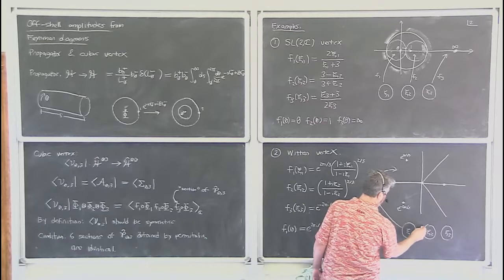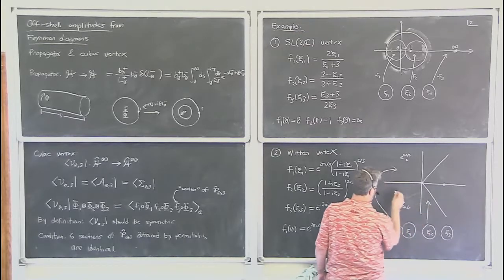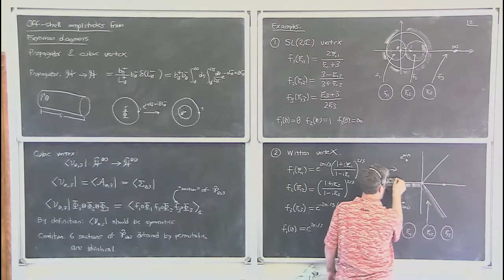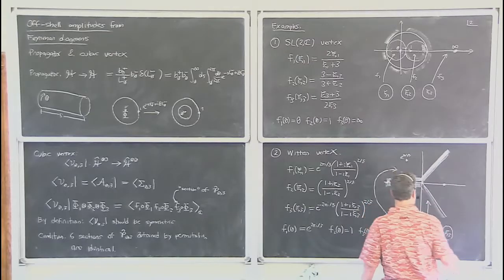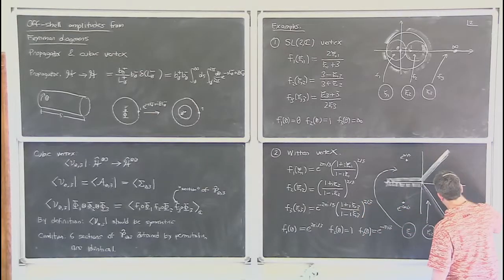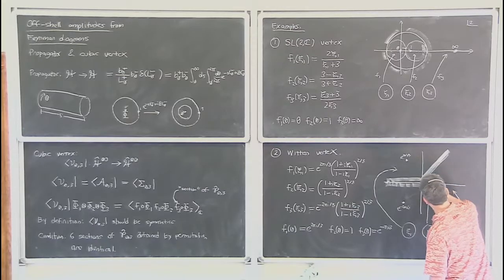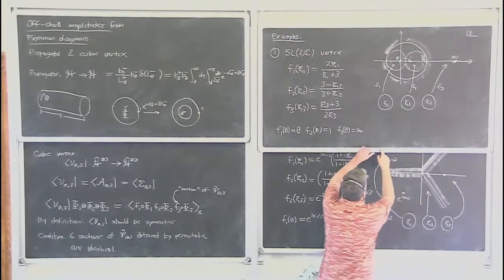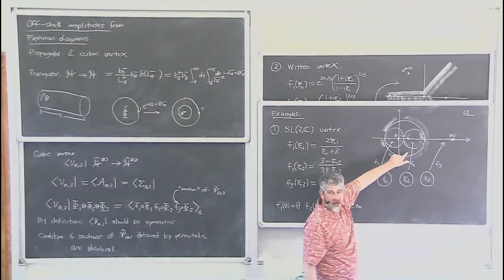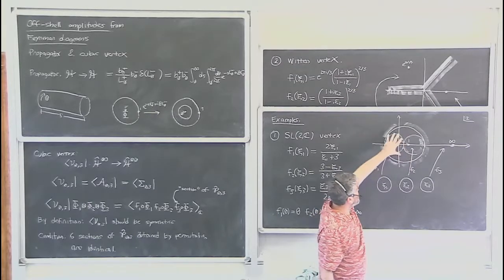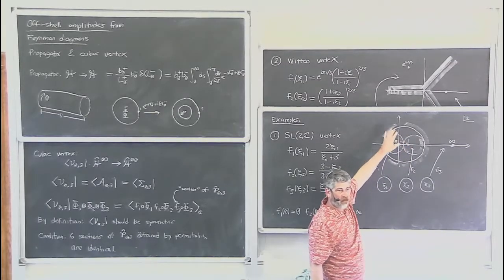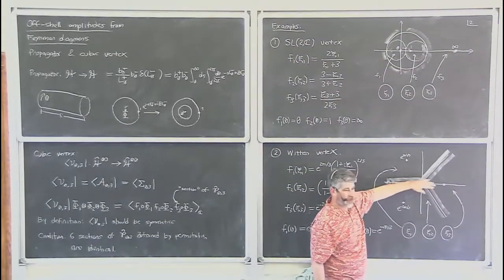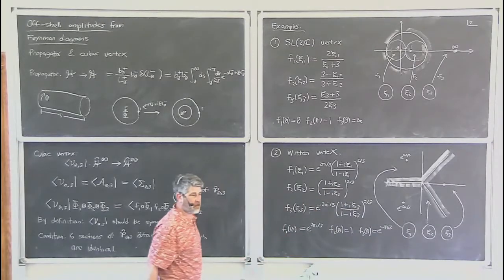Xi2 maps into this wedge. And Xi3 maps into this wedge. Okay. So unlike the SL2C vertex, where there was some surface left over, some surface that was not contained in a local coordinate patch, the Witten vertex is special because there's no surface left on the sphere. Everything is covered.